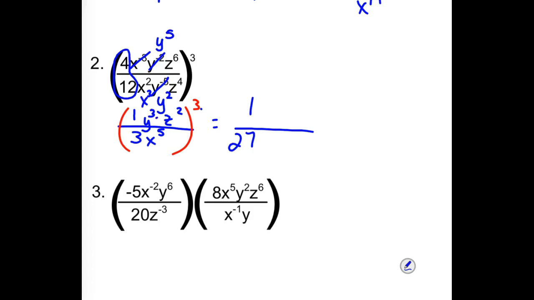Power to a power, we multiply. 3 times 3 is 9. So y to the 9th. Okay? Z's. We have 2 here, 3 here. We're multiplying those. We have z to the 6th. And then in the denominator, we have x to the 5th. That's getting cubed, so it becomes x to the 15th. Okay?